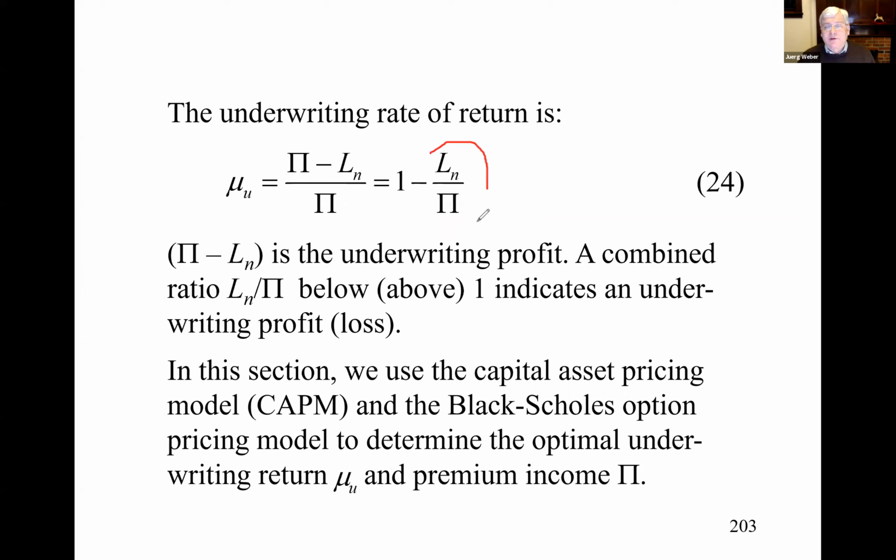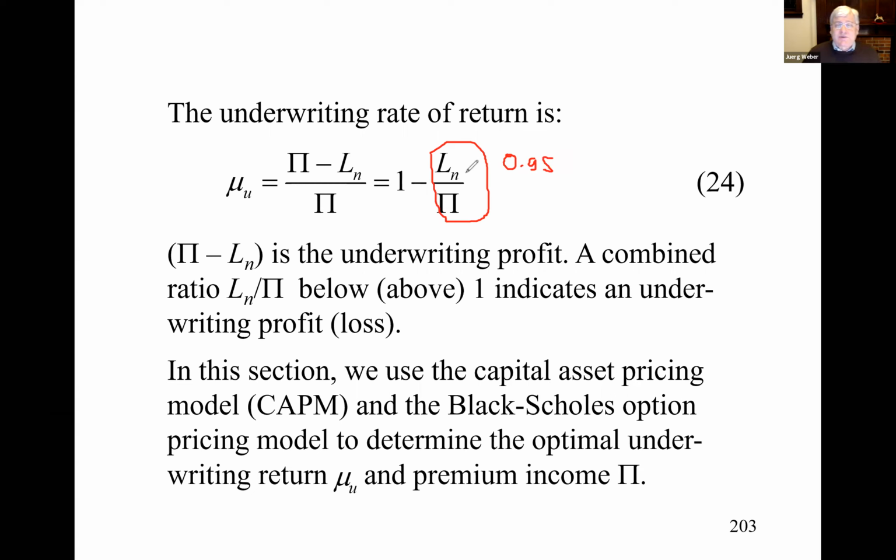So if this combined ratio here, let's say, is 0.95, this means that the expenses for writing insurance contracts are less than the insurance premium.